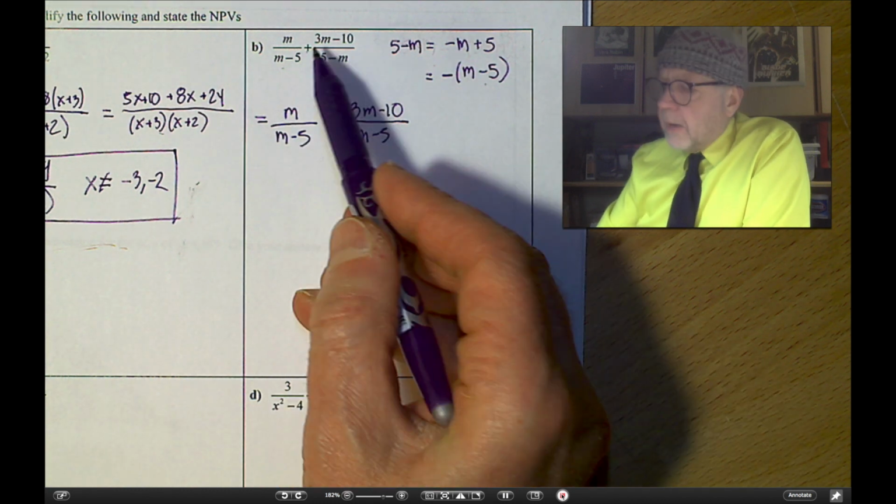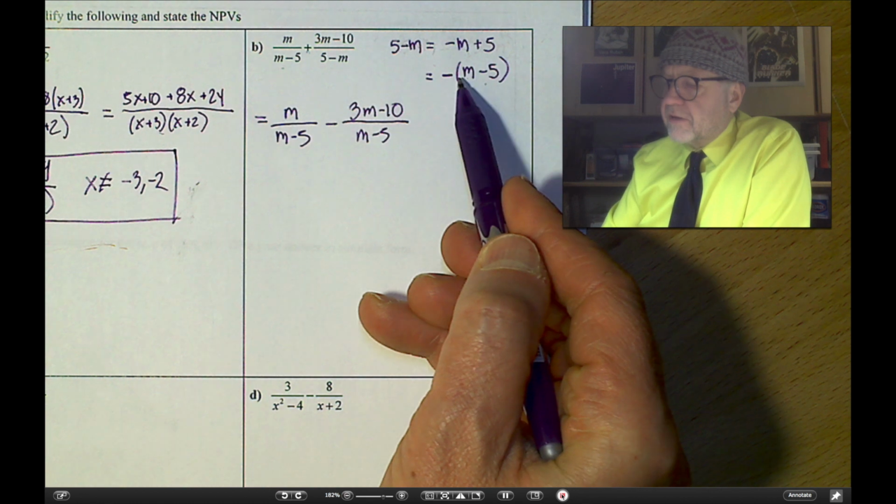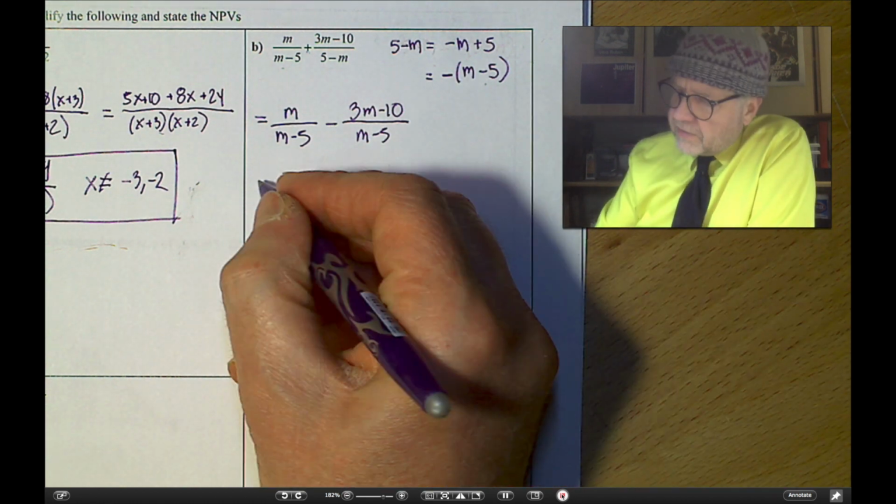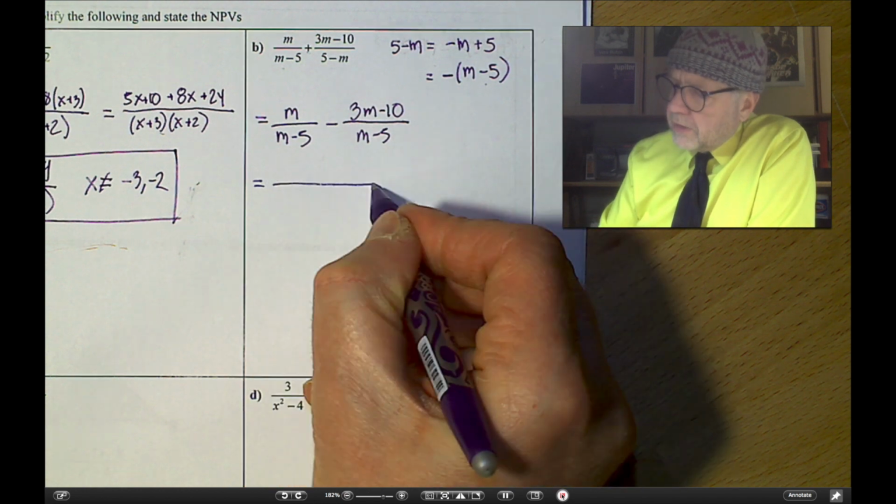The operation has changed because we've divided now by a negative number in the denominator, right? And so the next step will be simply to put it all under the same denominator.